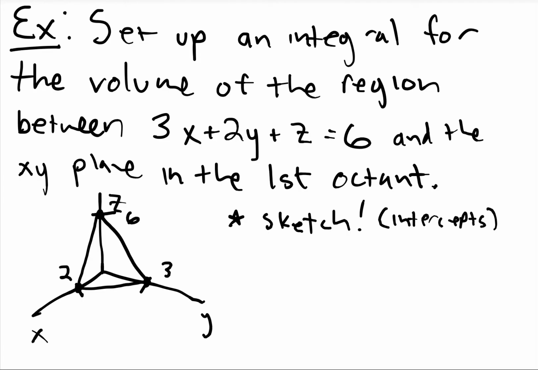Basically, I just get to set up an integral of whatever function represents this surface, right? Now, I gave you a plane, I maybe didn't necessarily give you a function. Really what I want to do is treat z as f of x, y as usual.